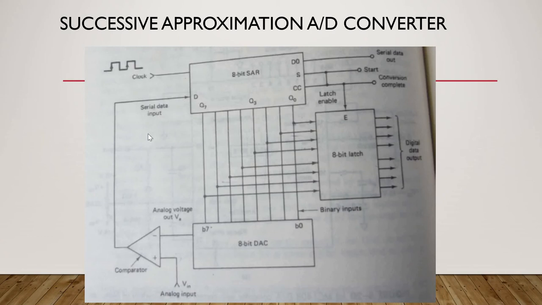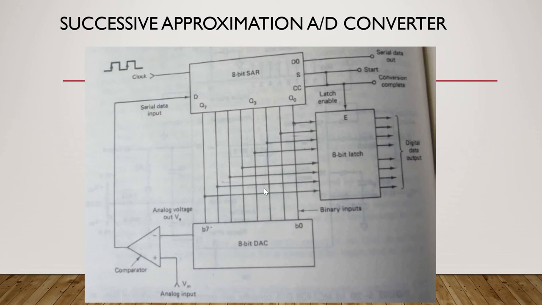According to this input, the various binary outputs of the SAR are going to be set or cleared. Q7 to Q0 are going to be set or reset depending upon the serial data given by the comparator. Apart from this we can see the clock signal.